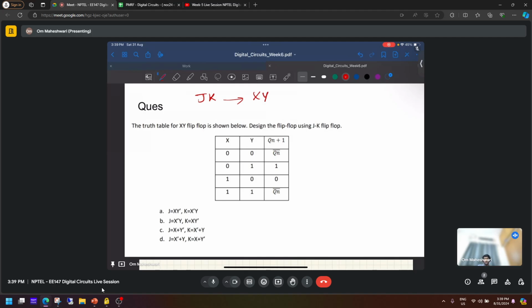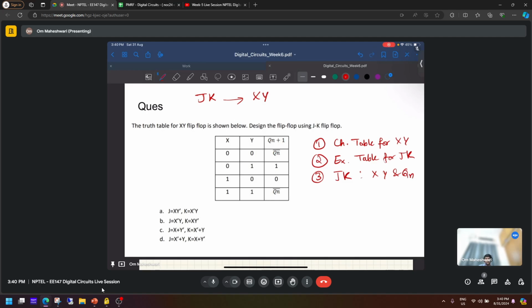For this, again, at first the characteristic table for XY, second the excitation table for JK, third write J and K in terms of X, Y and Qn.